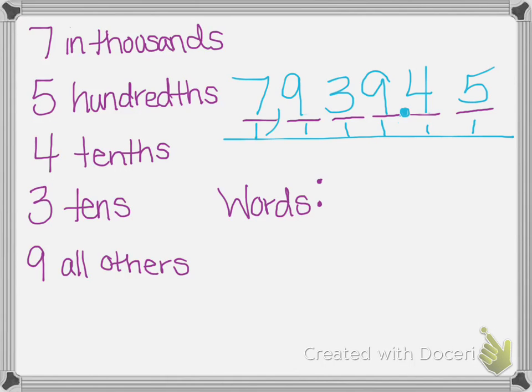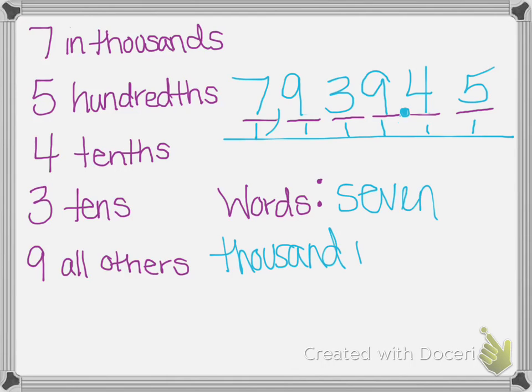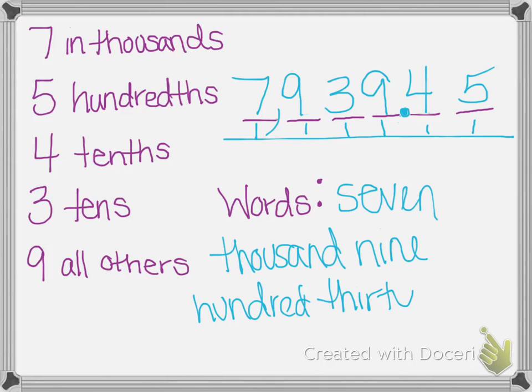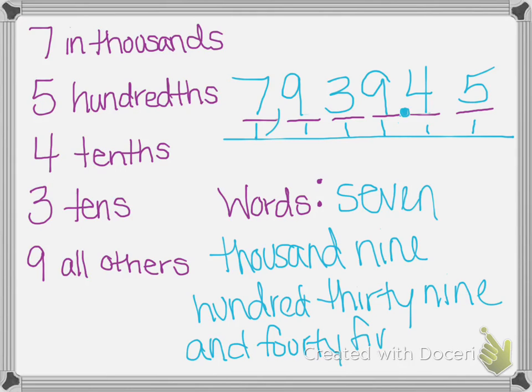So now in words, we have 7,000, 900, 39, and for our decimal point, 45 hundredths.